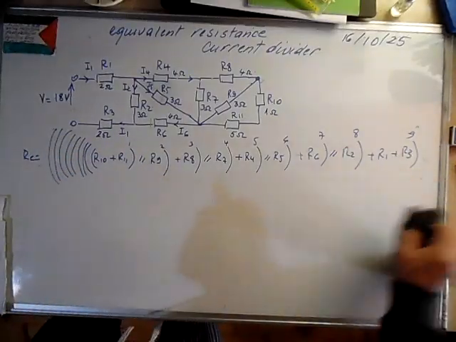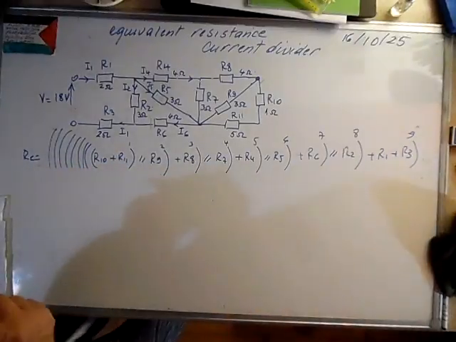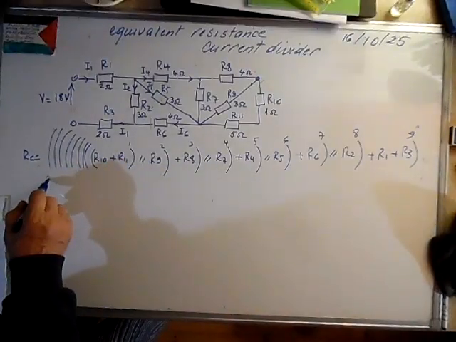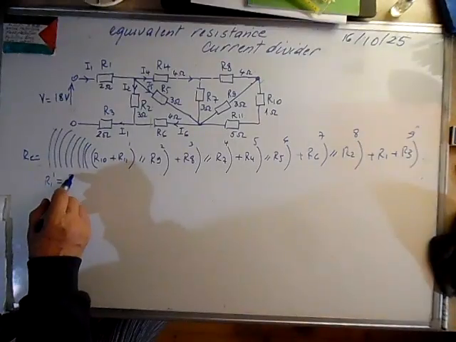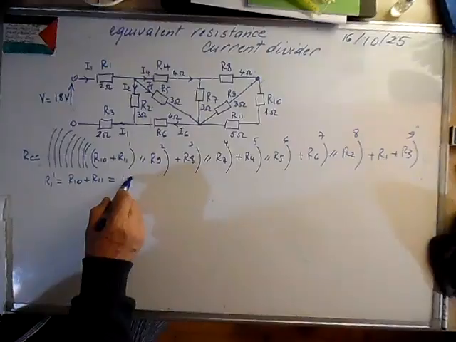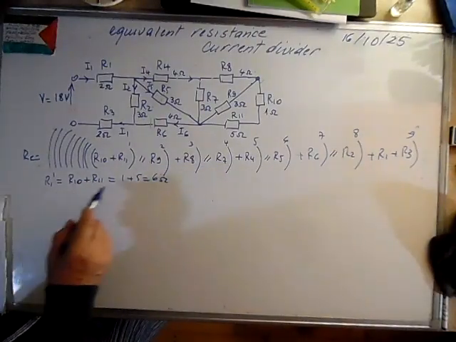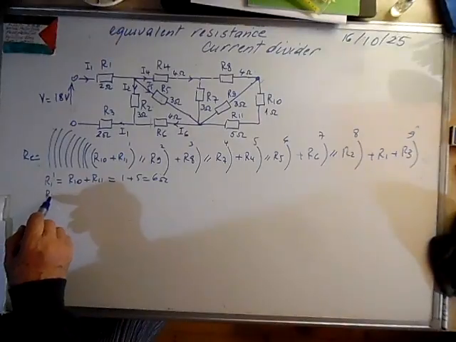Let's call this first step R1 prime. This is R10 plus R11, and this is 1 plus 5, it's 6 ohms. Let's call this R2 prime.